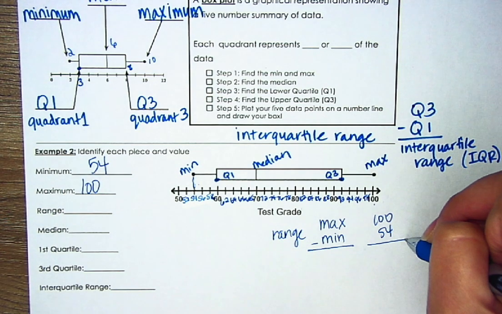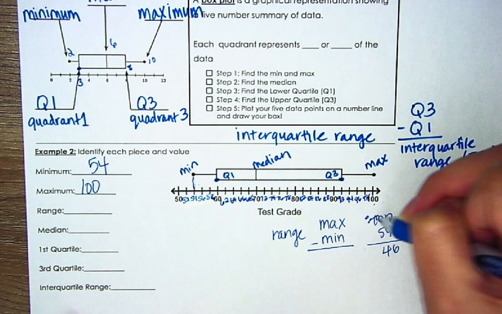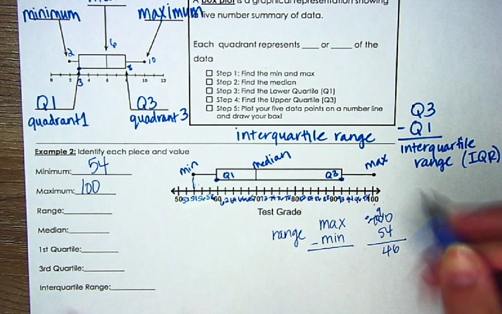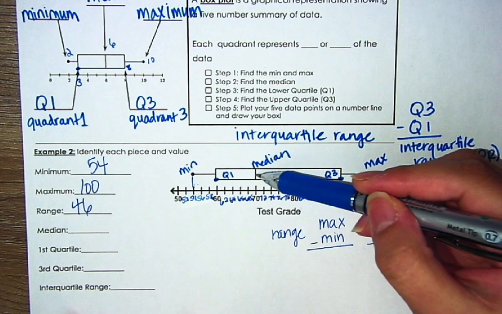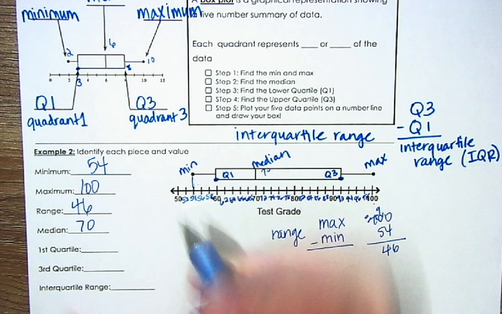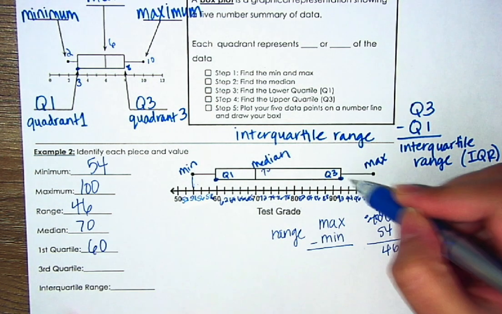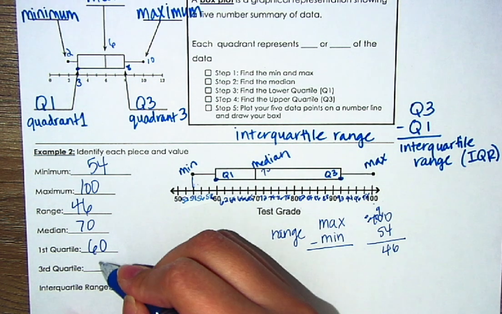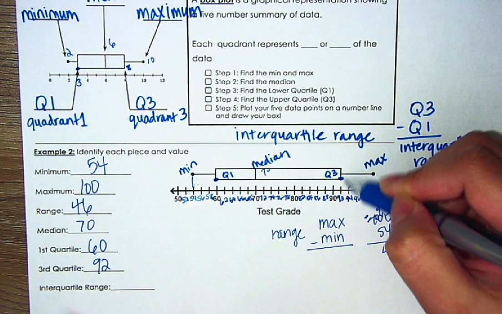So that's going to give us 46 because you have to borrow. Okay, so I'm going to write 46 here. The median is the middle number. That's going to give me 70. So 70. The first quartile is right here. 60. The third quartile is 92.